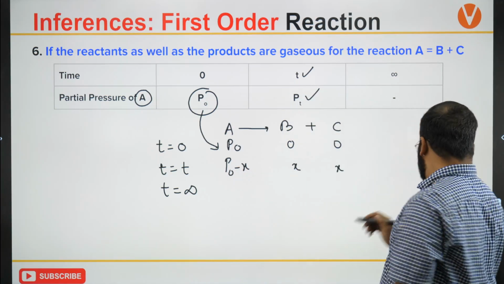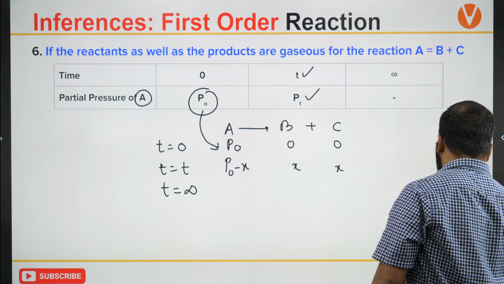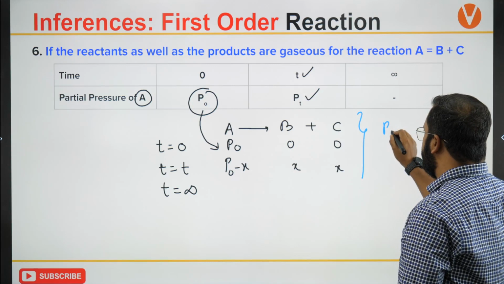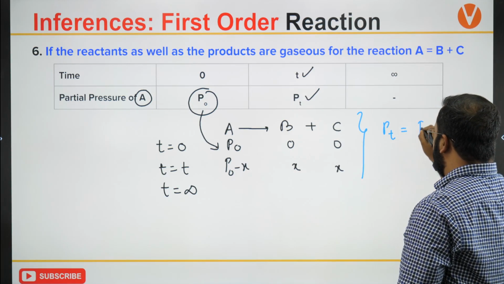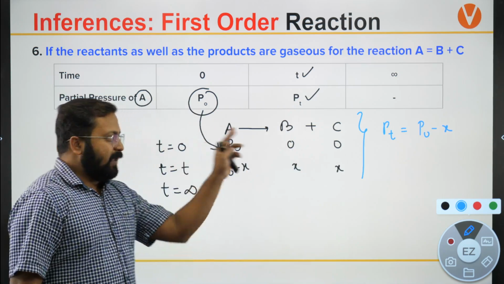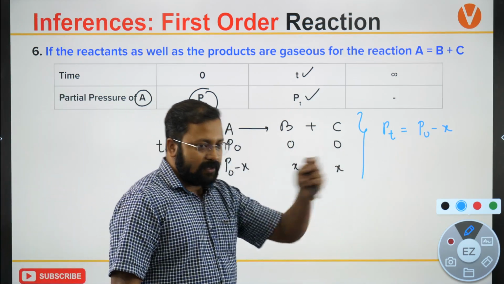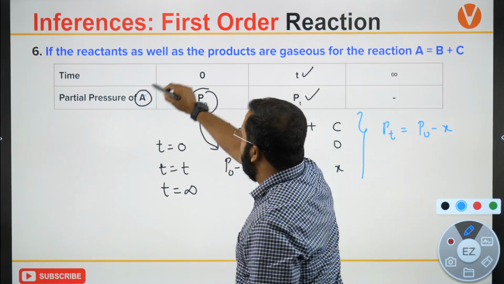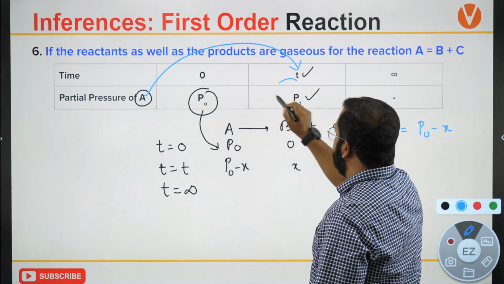So P naught minus X. Can I say from this that PT is equal to P naught minus X? Because it is given that the pressure of A at time T is PT.